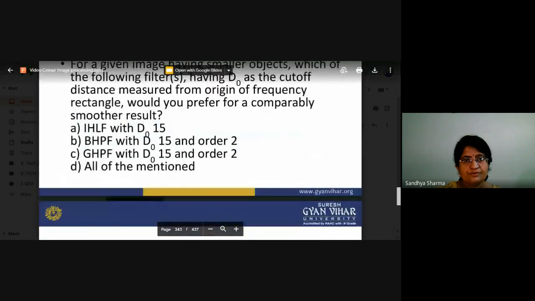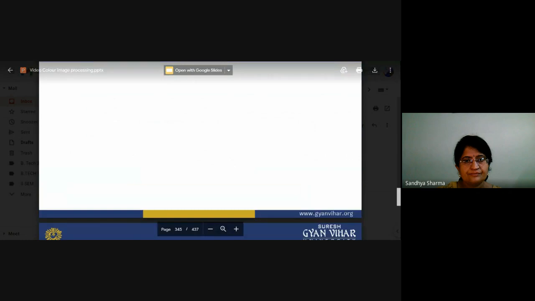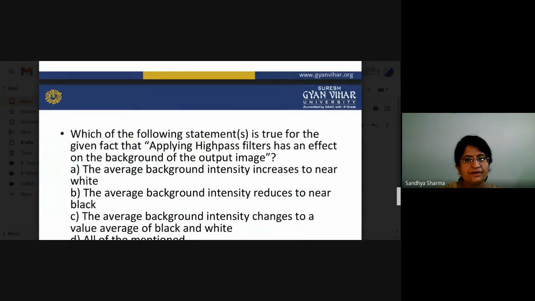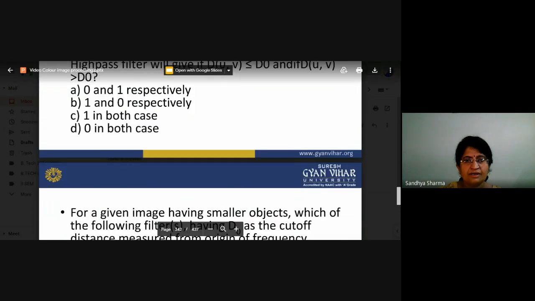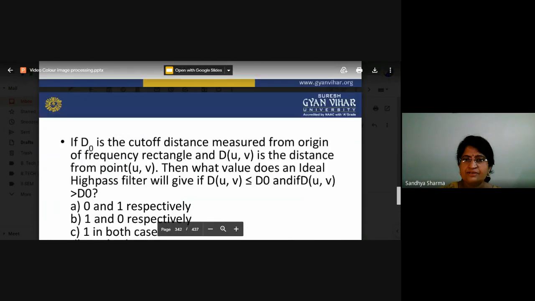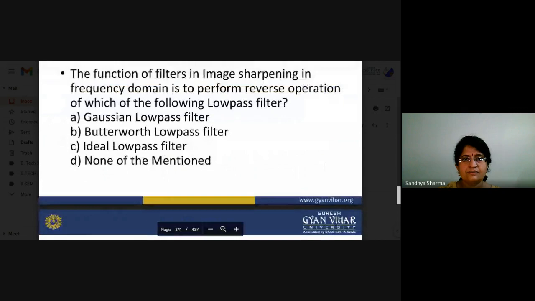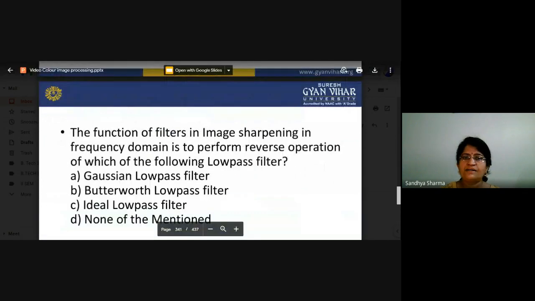So that is a high pass filter. What is the effect of a high pass filter? What is the effect of a low pass filter? These are the objectives you can attempt properly when you have covered these topics. That is basically low pass frequency domain.